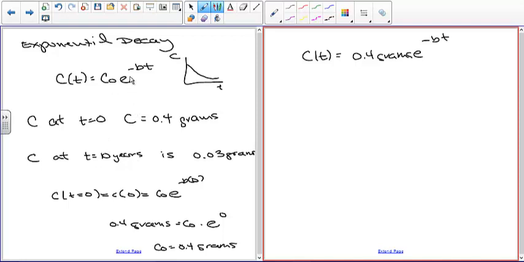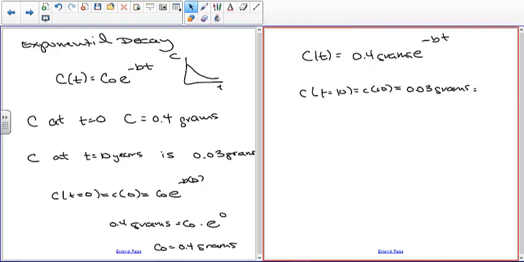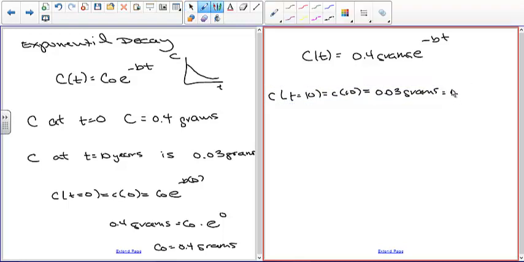So to find b, we need to use the second piece of information. So c of t equals 10 equals c of 10 is equal to 0.03 grams, and that is equal to 0.4 grams e to the minus b times 10.